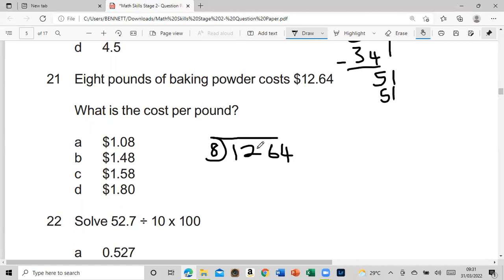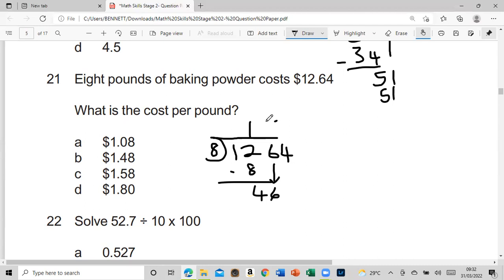Alright, so 8 into 12, that's 1. Subtract. I get 4. Carry down the 6. 6 8s are 48. So that's 5 times. 5 8s are 40.